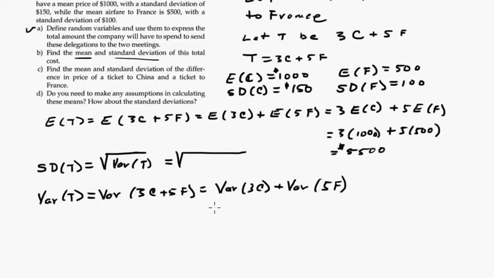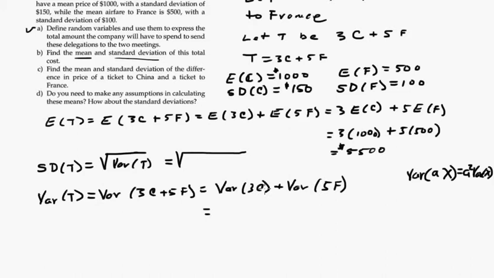The formula says that the variance of a number times a random variable is equal to the number squared times the variance of X. Now that's when the event occurs once, and then we're just multiplying it.